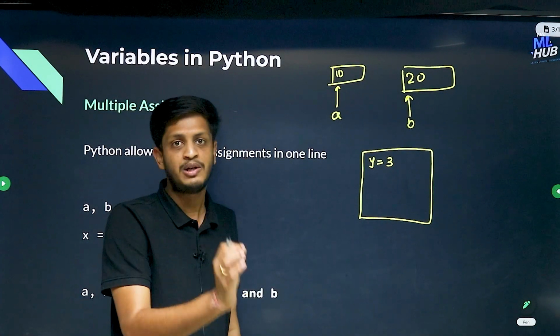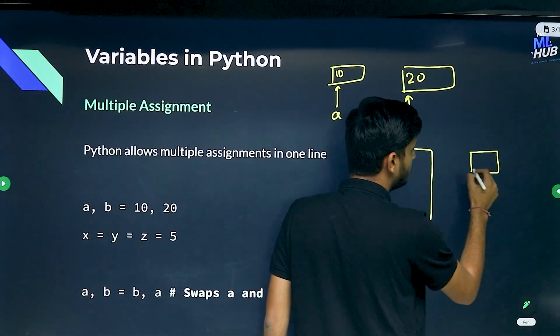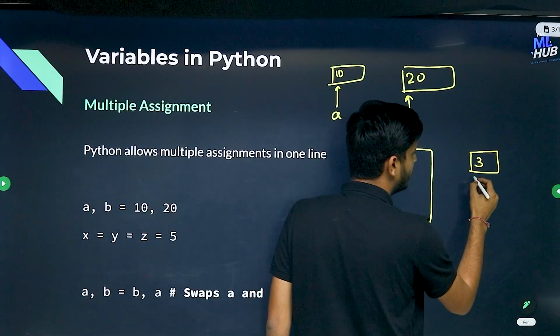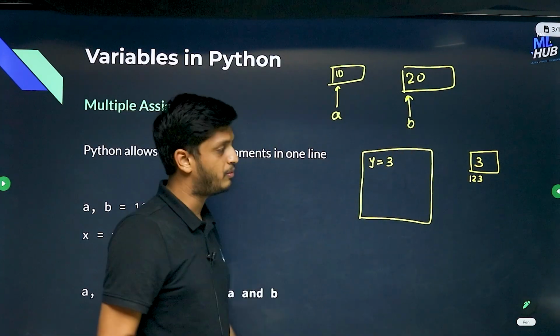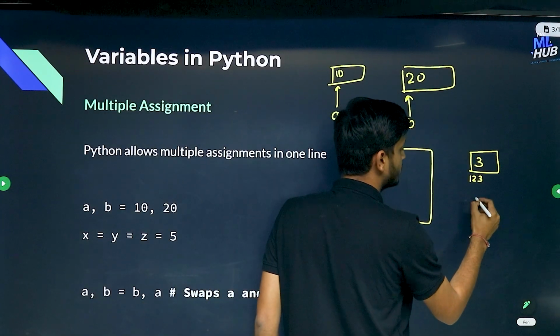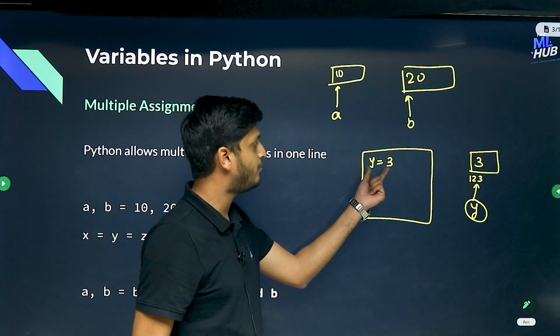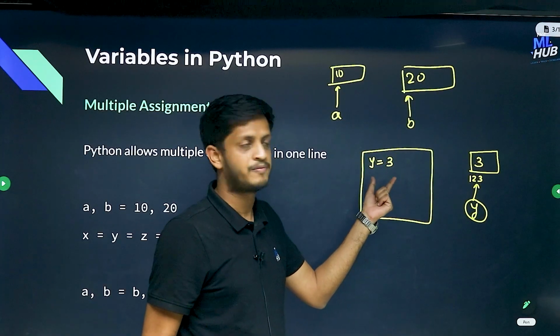When you say y is equal to 3, at that particular point in time some storage will be created in memory, 3 will be stored there, and let us say the address of this particular memory location is 123. Then y will point to this memory location. Now a variable named y is created. This step is called variable initialization, right?